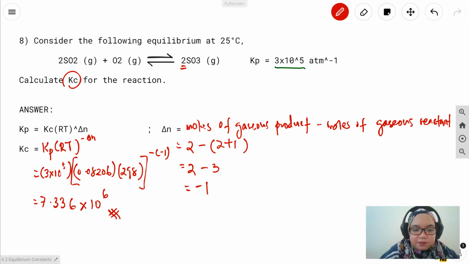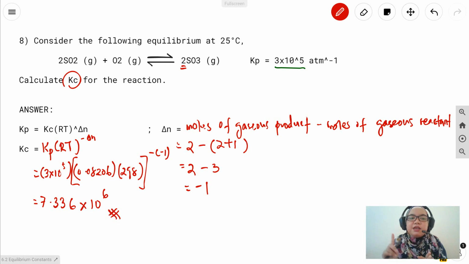Okay. That's it. So this part 1 of chapter 6.2 is quite simple, as long as you know the types of equilibrium, homogeneous and heterogeneous, and that there are two ways to express the equilibrium constant. First one in terms of concentration, second one in partial pressure.